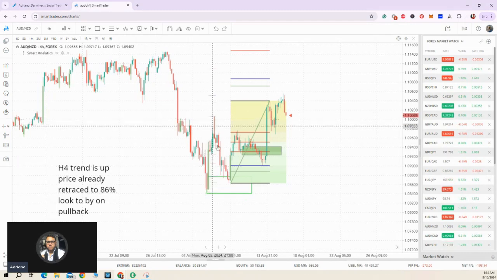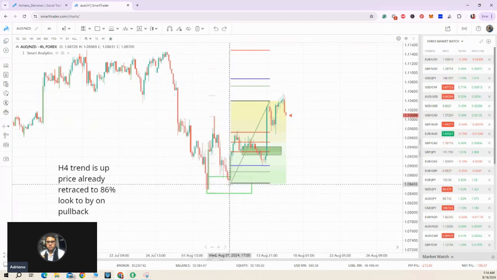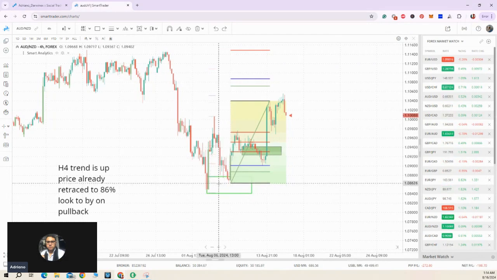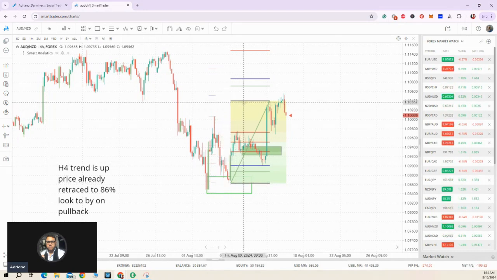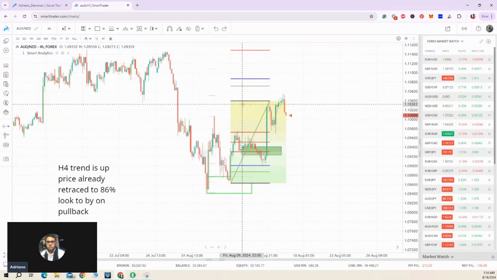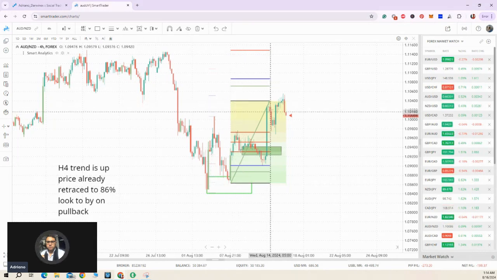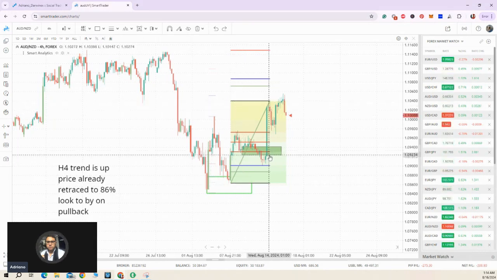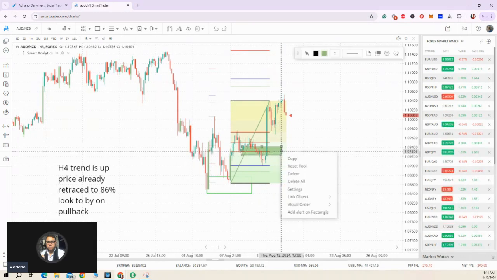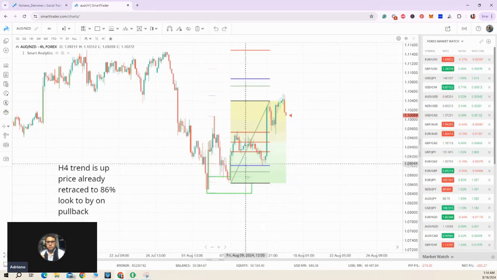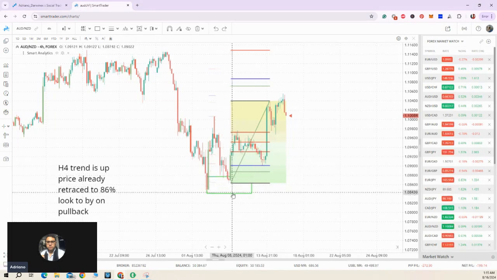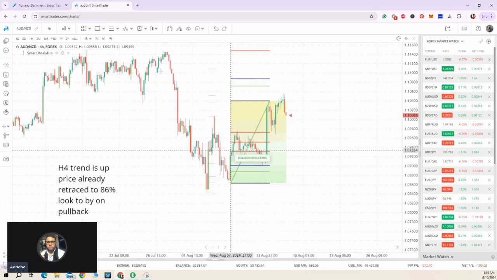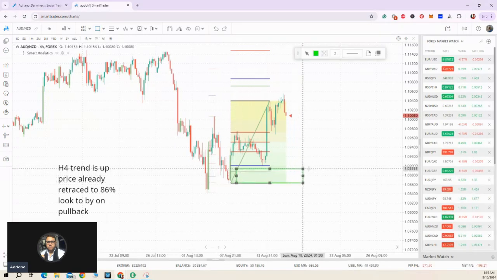So A, B, C, the market retraced to 86%, and then the target was on the green line here. So the market did what it was supposed to do. It retraced and then went up. Now this is not valid anymore. And then we have right now a new upswing, and then we have all this.